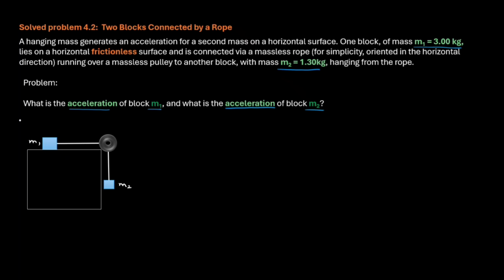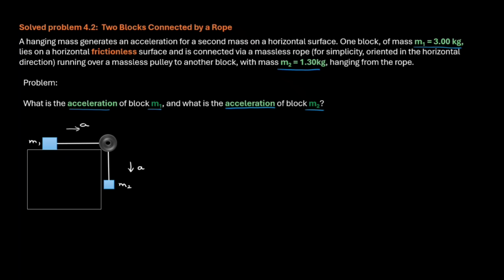From the figure, we understand that block M1 can only move along the horizontal, which is the x-axis, whereas block M2 can only move along the vertical, which is along the y-axis. And M2 is causing an acceleration in M1 as it goes down. So here we have acceleration of M2 pointing down, whereas acceleration of m1 will be towards right.